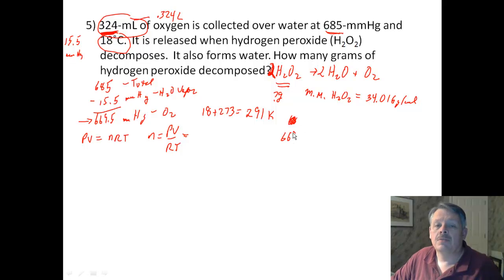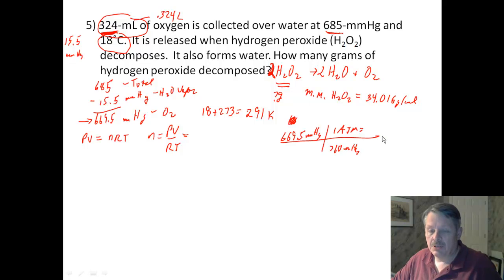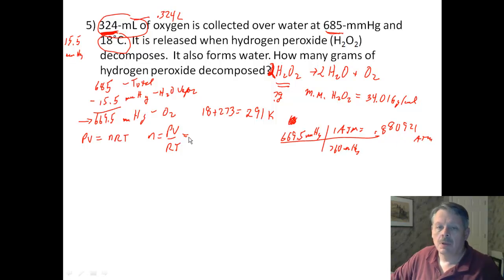So we have 669.5 millimeters of mercury, and we convert that by putting 760 millimeters of mercury on the bottom and 1 atmosphere on top. We've done a lot of these, so you should be pretty familiar and comfortable with these. That gives us 0.88091 atmospheres.